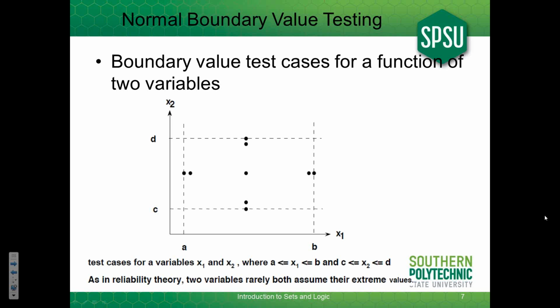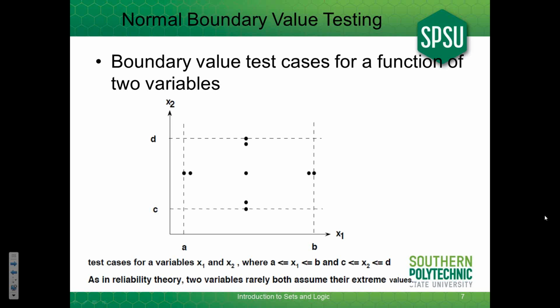So the way we can come up with our test cases is, let's say you saw this chart before, x1 goes from A to B, and x2 goes from C to D. Let's look at the possible values that x1 can take.